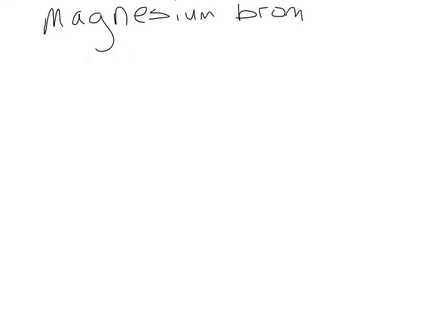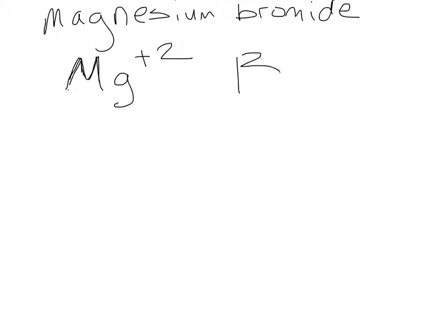Alright, so let's try, let's say magnesium bromide. Okay, magnesium, if you look on the periodic table, that's an Mg. And it's got a +2 charge. And then you have bromine, that's a -1 charge.